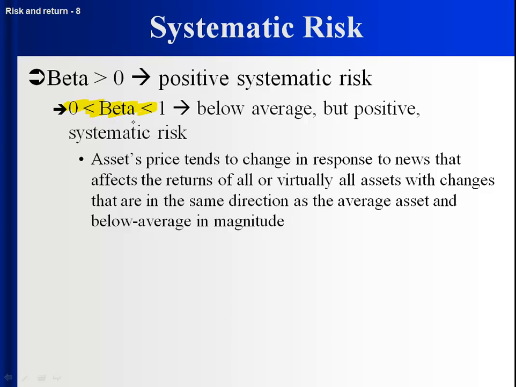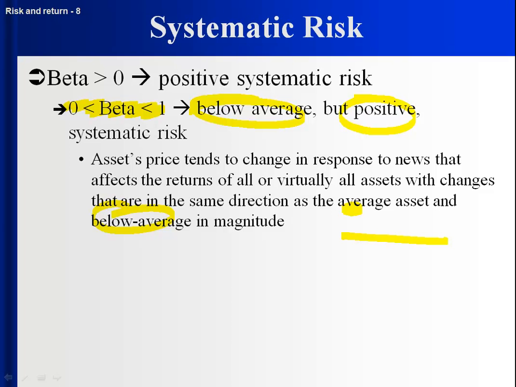How about a positive beta that's less than 1? So here we have below average systematic risk, but it's still positive. It's still greater than 0. And so here you're going to tend to get price changes that are of the same direction as the average asset, but they're going to tend to be below average in magnitude, less than the average asset. So news comes out, average stock says, wow, that's good news.